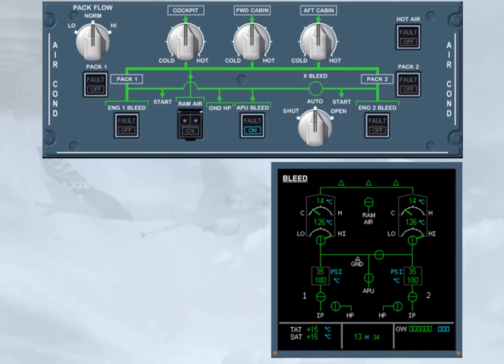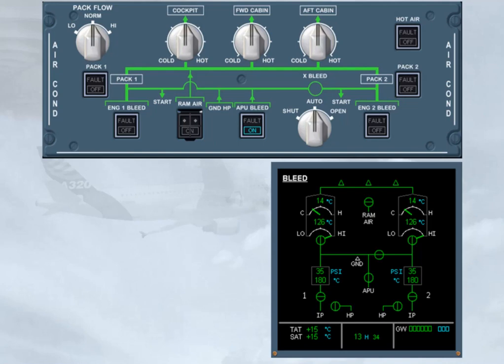Notice that the engine bleed valves are closed, even with both engines running. This is because APU bleed has priority over the engine bleed. So, if you are departing from a performance-limited runway, the packs could run from the APU bleed air, resulting in no loss of engine performance, no weight penalty.